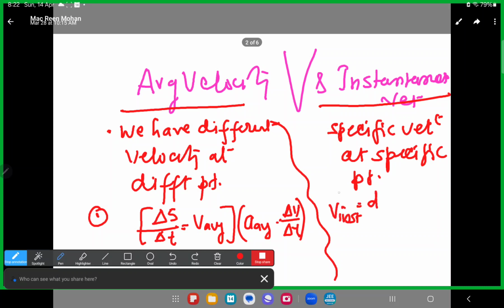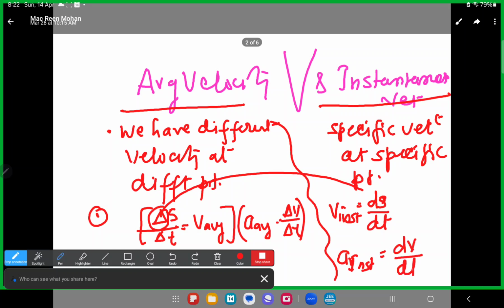Instead of delta, it will be the term d. So ds upon dt, or for A instantaneous, we will use dv over dt. So the basic difference is that delta comes for average, and here it is d. d is called differentiation, like differentiation of x with respect to t.